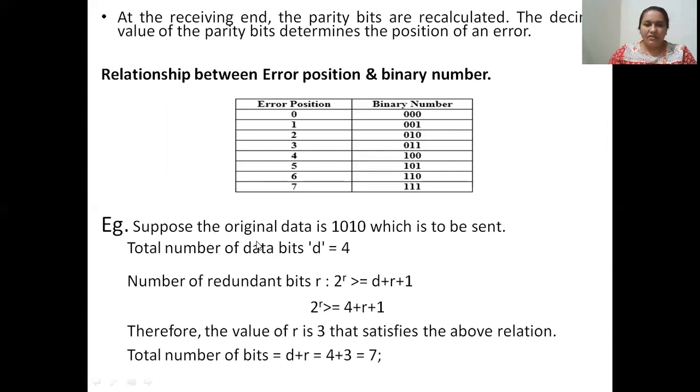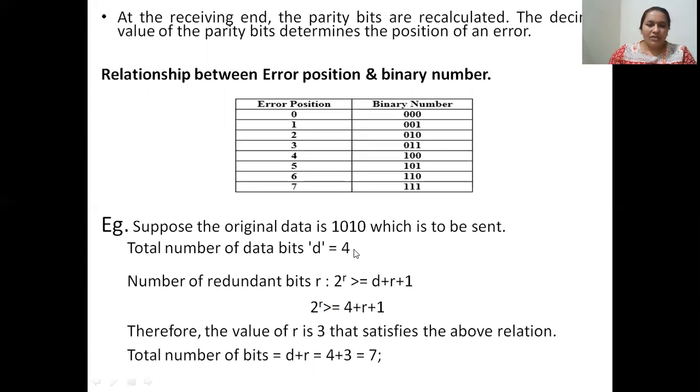For example, suppose the original data is 1010 and this data has to be sent. Now the value of D, which is nothing but the number of data bits, is 4 here. According to Hamming codes, when we compute the number of redundant bits R, we make use of a relationship saying that 2 power R should be greater than or equal to D plus R plus 1.